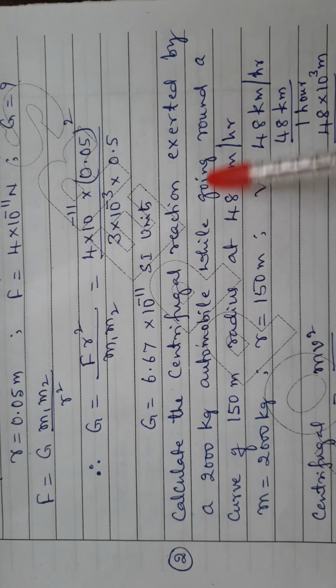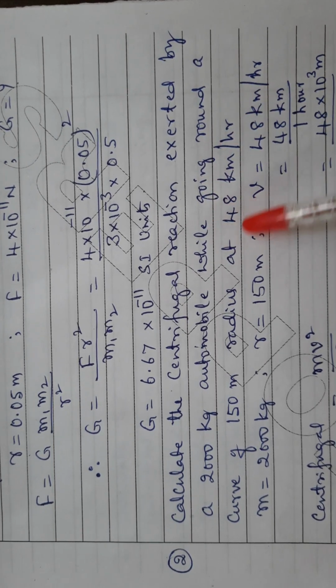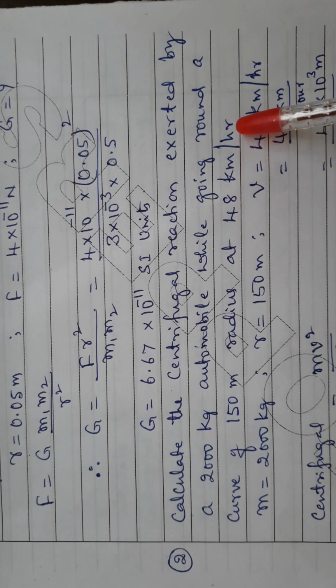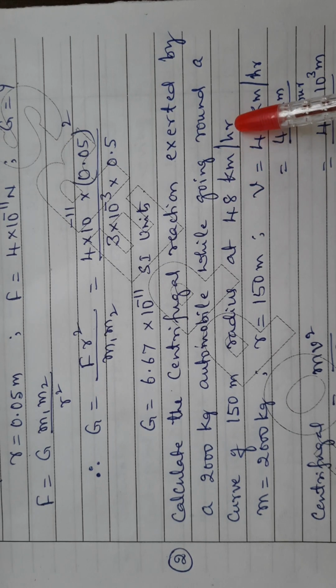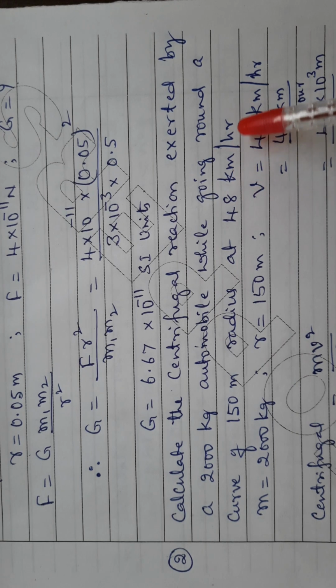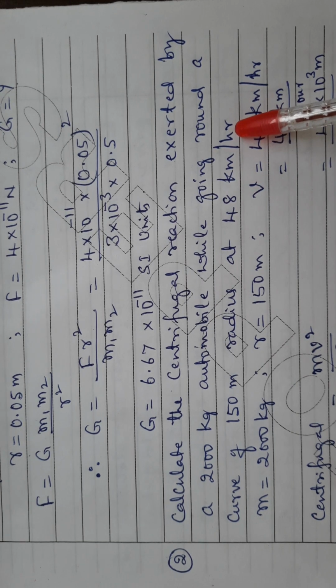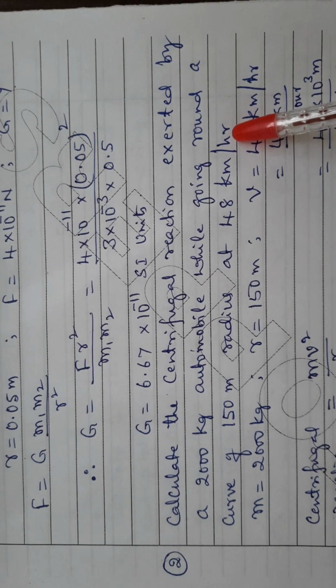First we have to convert this kilometer per hour in the form of meter per second. This is not in SI unit. 48 kilometer per hour we have to convert in the form of so many meter per second. So kilometer we have to convert in the form of meter, and 1 hour is equal to how many seconds, that you know, that divided by that number of seconds.